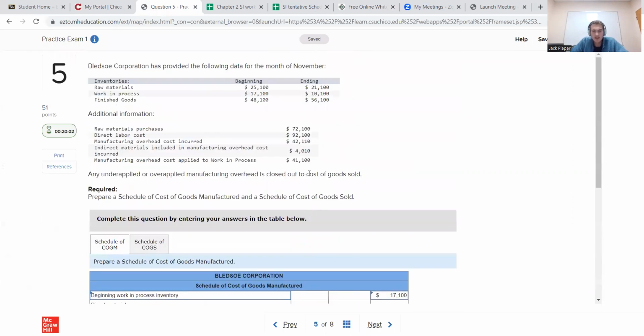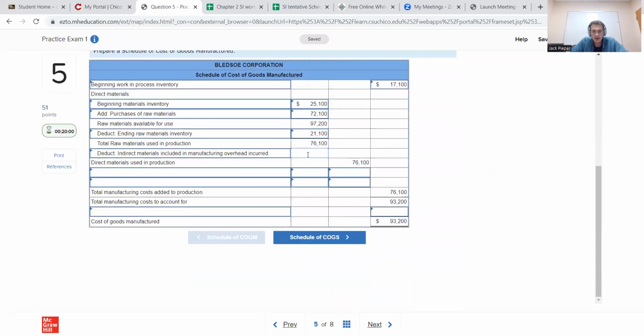Okay, now we're going to deduct our favorite cost of the indirect materials. So 4010. Great. And now it says direct materials used in production, and that's right because that's the amount of direct materials we used. Okay, for this, we have our direct materials. Our two other product costs we need to account for: direct labor and manufacturing overhead.